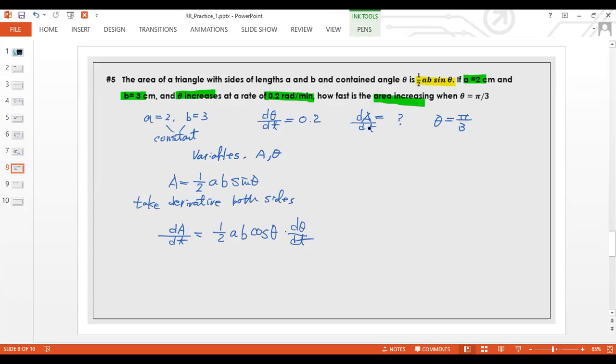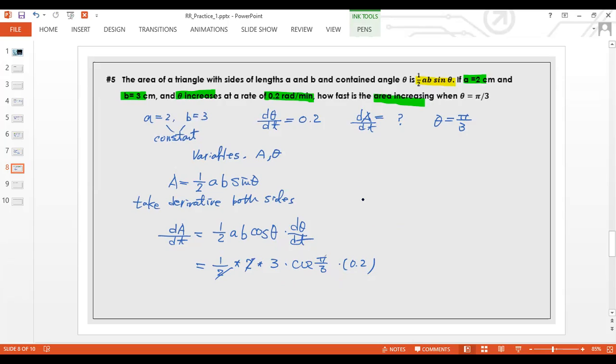Now we want to find dA/dt, so I just substitute the values we have. It's 1/2. What is A? A is 2. What is B? B is 3. What is theta? It's pi over 3. And what is d theta/dt? It's 0.2. Okay, you can cancel that. The cosine of pi over 3, I think it's 1/2, right?